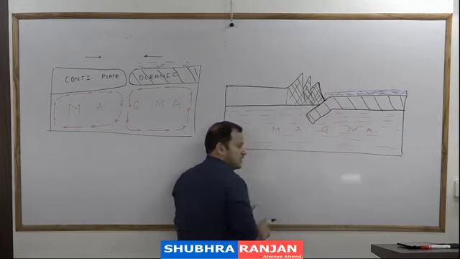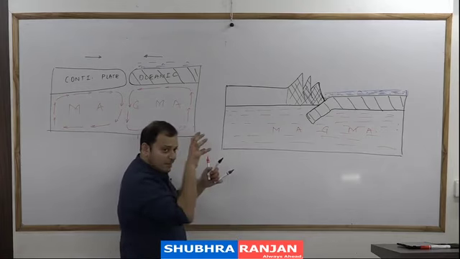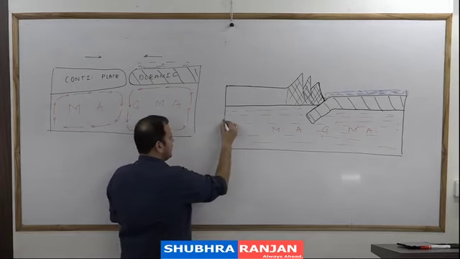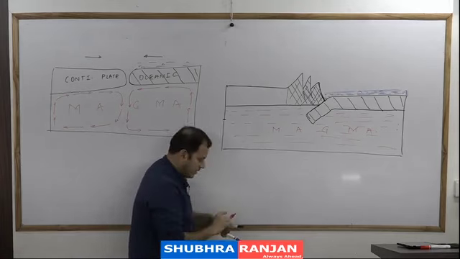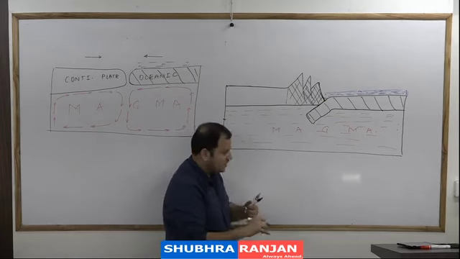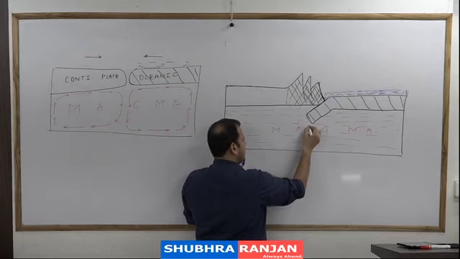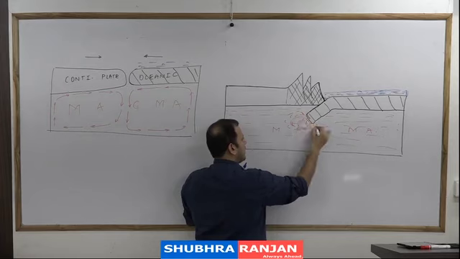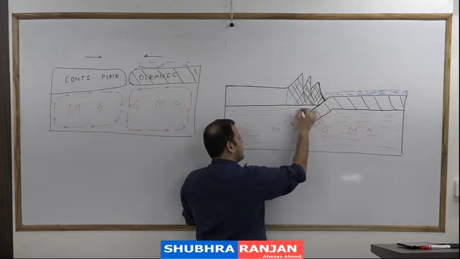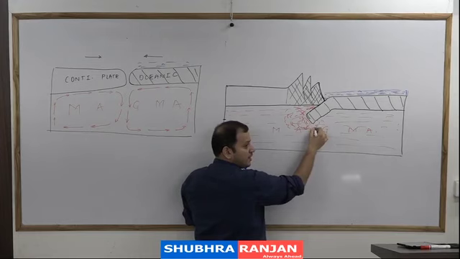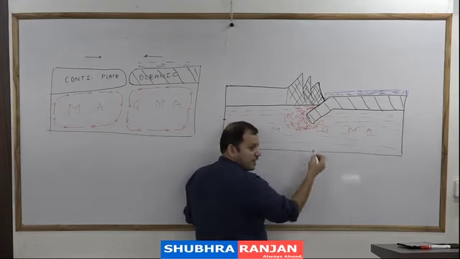Now understand, when the plate goes too deep, generally 80 kilometers deeper, the heat is such that this plate will melt, and because it will melt, the amount of magma will increase. There will be a large increase in the amount of magma. Whenever there is a large increase in the amount of magma, the equilibrium has to be maintained, and therefore pressure will rise.